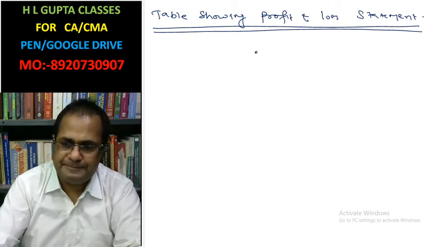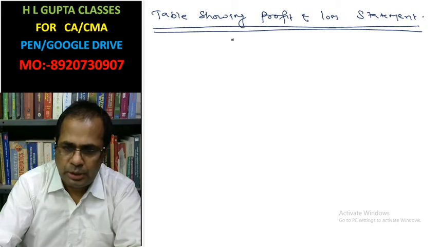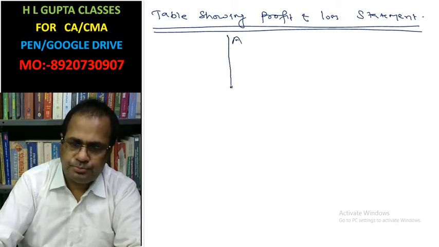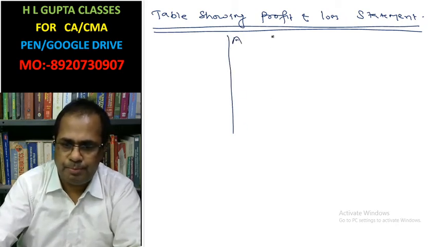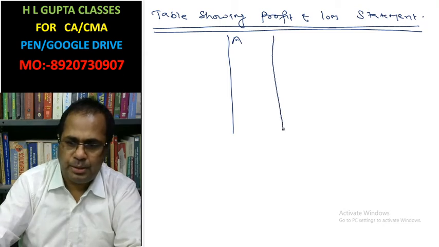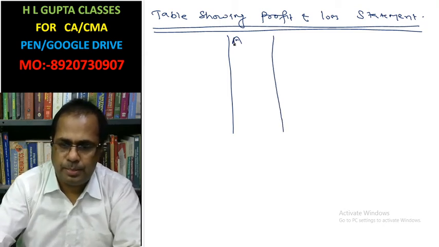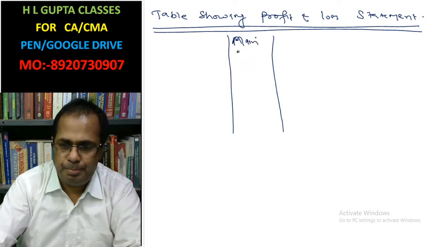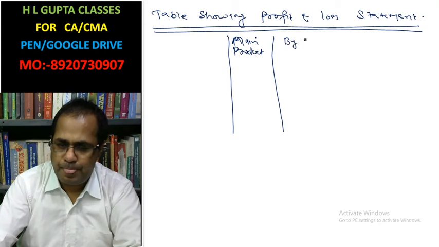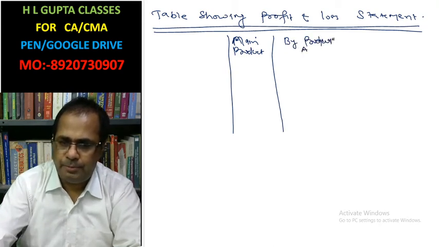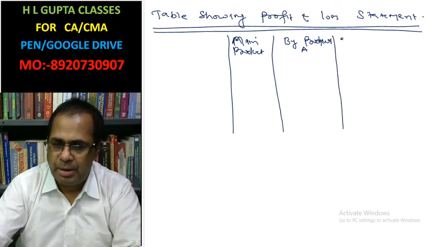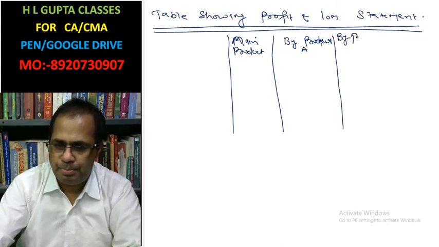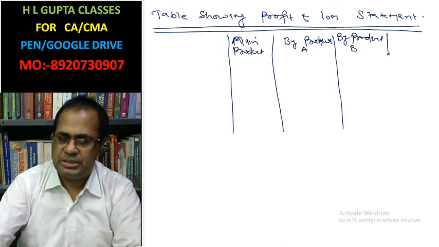In this case, you have the main product, byproduct A, byproduct B, and this is your total.